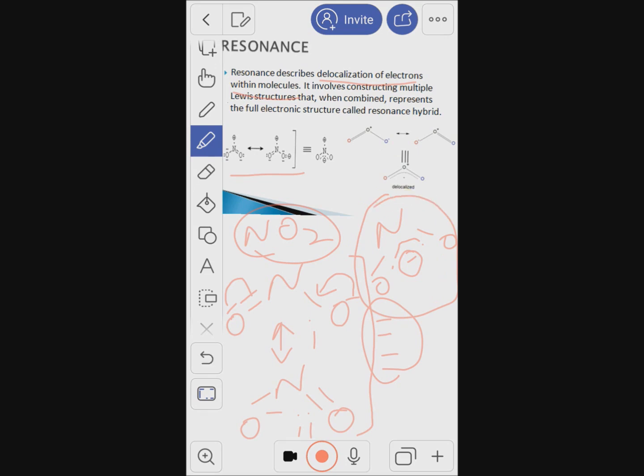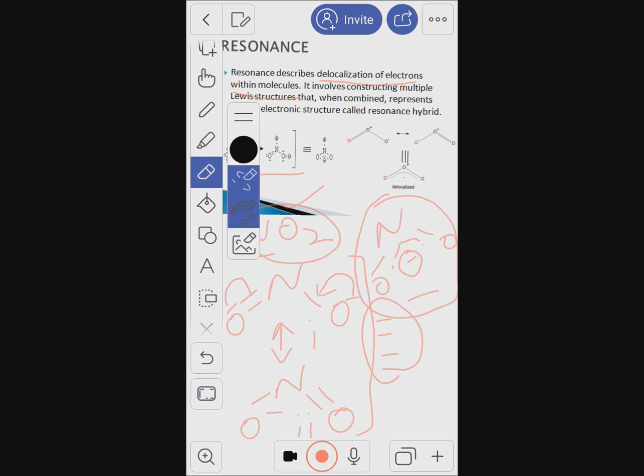This resonance hybrid explains all the properties of NO2 molecule, and this structure is the resonance hybrid. First and second structures are the resonating structures or contributing structures.